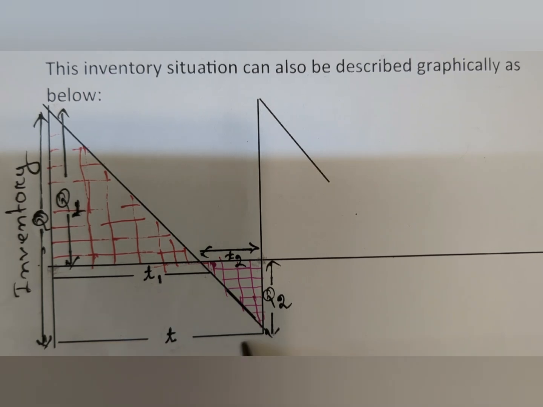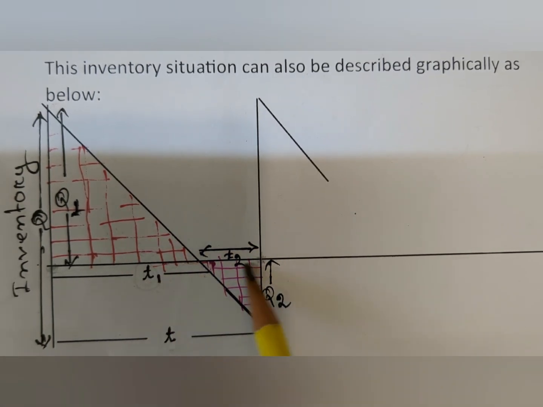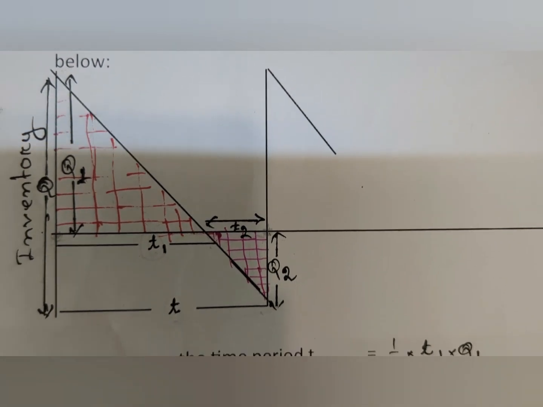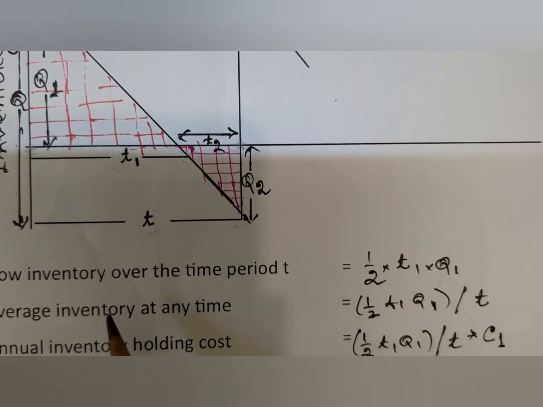This is the total time period, and this is the time period during which the inventory is piling, stored in the godown, and this is the part where shortages are accumulated. And Q, the total Q, is the quantity which is being ordered.